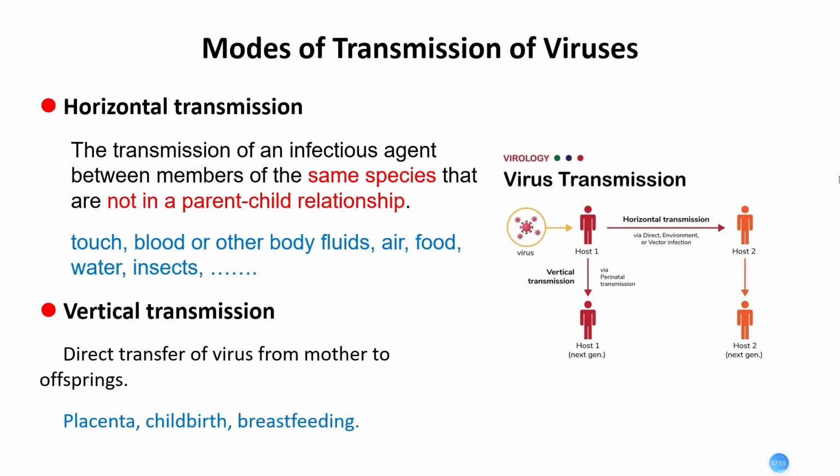Vertical transmission is a direct transfer of a virus from a mother to her babies, offsprings, through different ways, such as direct transfer across the placenta. During childbirth, the baby is exposed to the virus, or sometimes through breastfeeding. The virus can transfer in the milk.